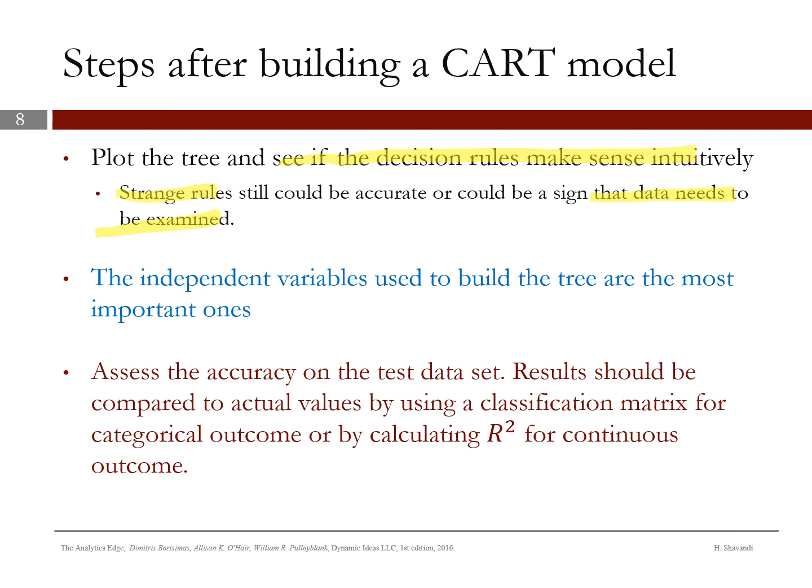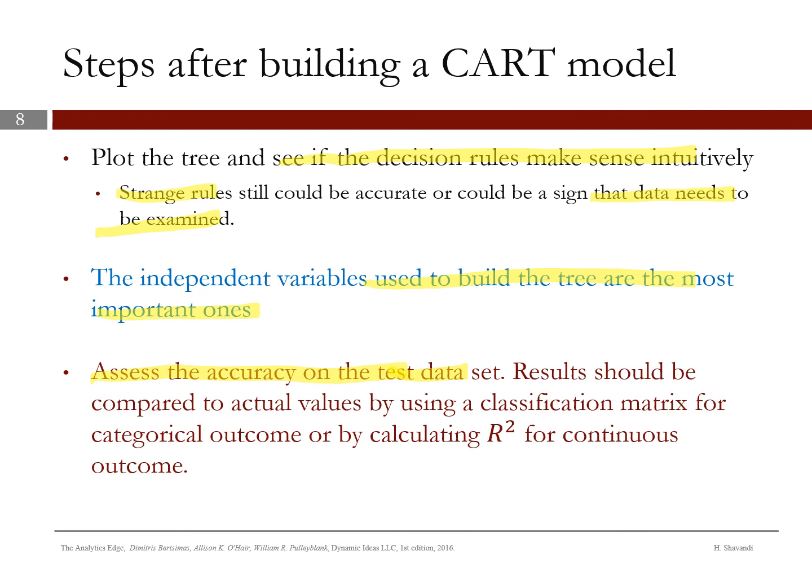And the independent variables used to build the tree are the most important ones. So if you see some of the independent variables are not appearing in the tree, that means those variables are not important enough, okay?